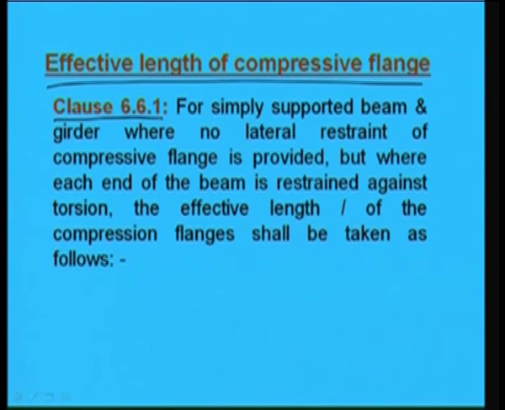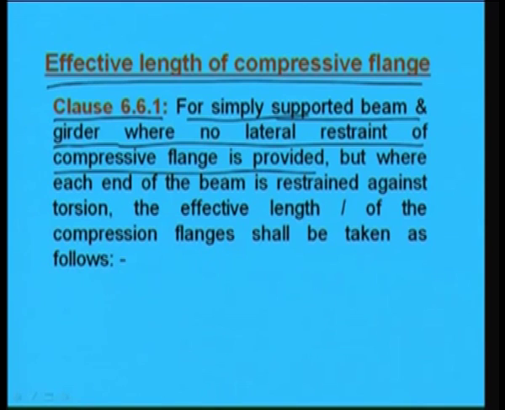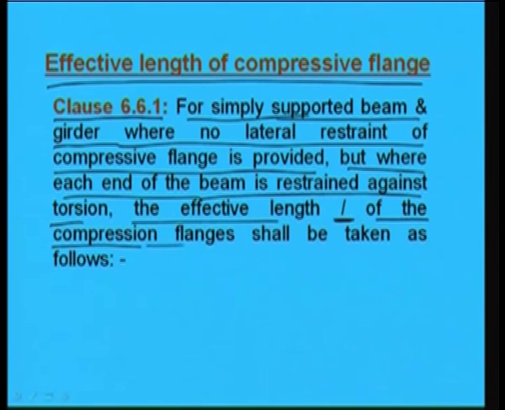It says that for a simply supported beam and girder where no lateral restraint of the compressive flange is provided, but where each end of the beam is restrained against torsion, the effective length L of the compression flanges shall be taken as follows, which is given in the code.